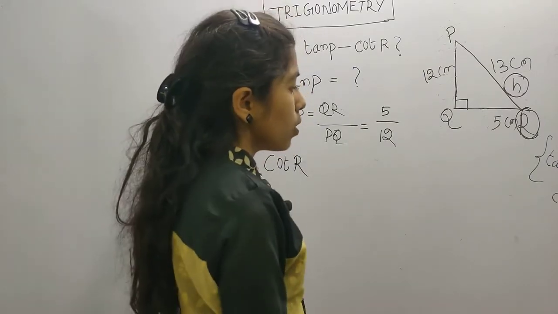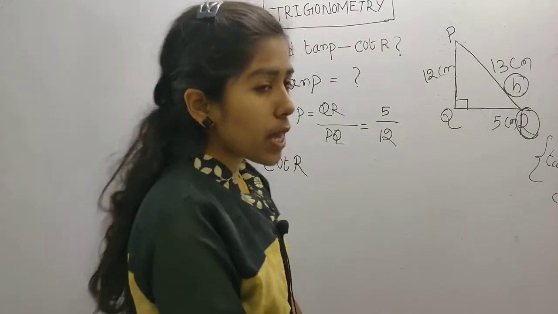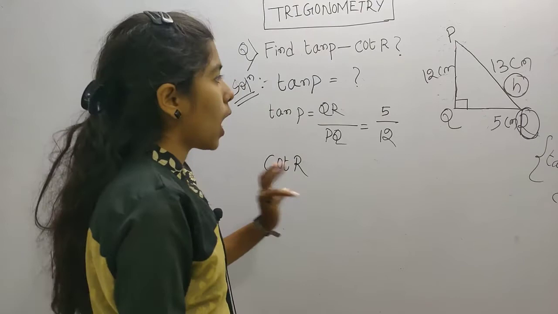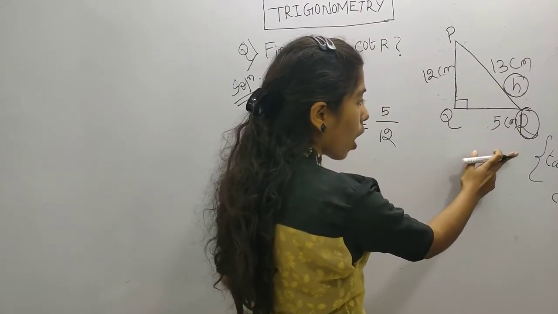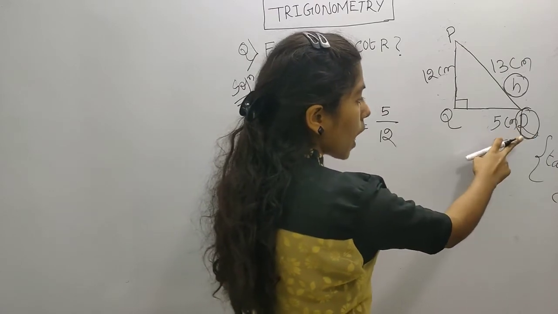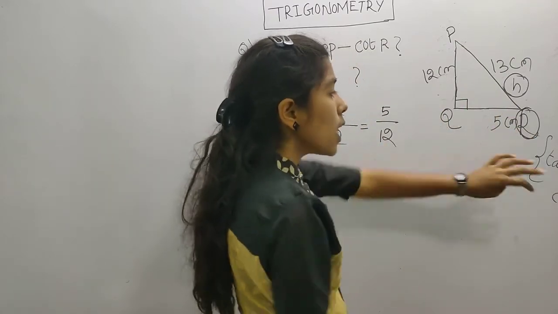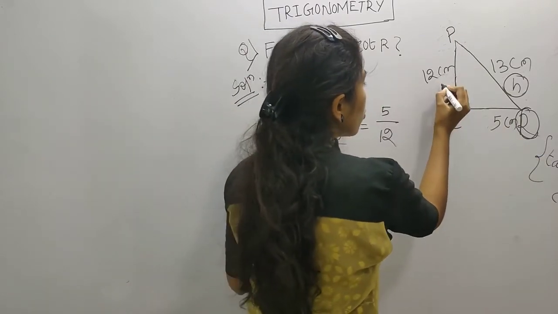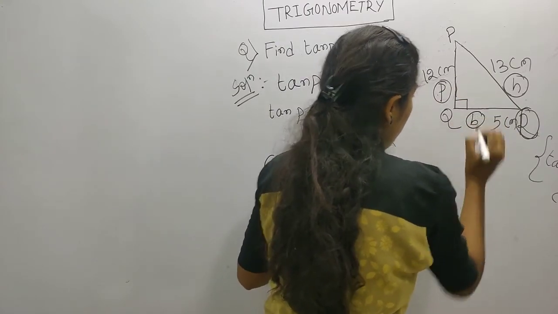Now our problem is which will be the base and which will be the perpendicular. Which angle is given? R. So how can you find the perpendicular? Just the opposite side of that angle. Here R is given, so the opposite side of R is PQ. So this will be the perpendicular and this will be the base.